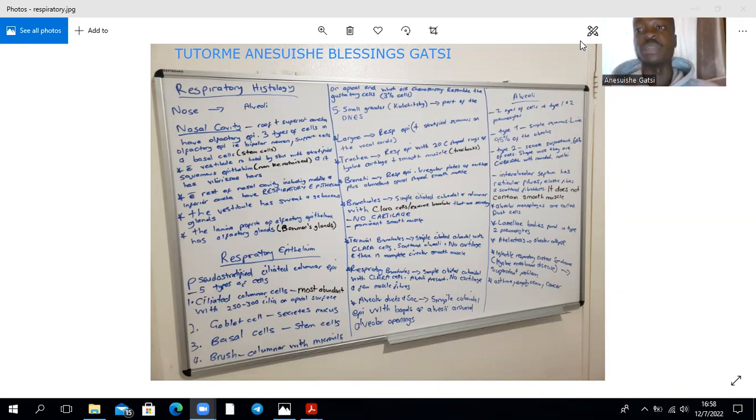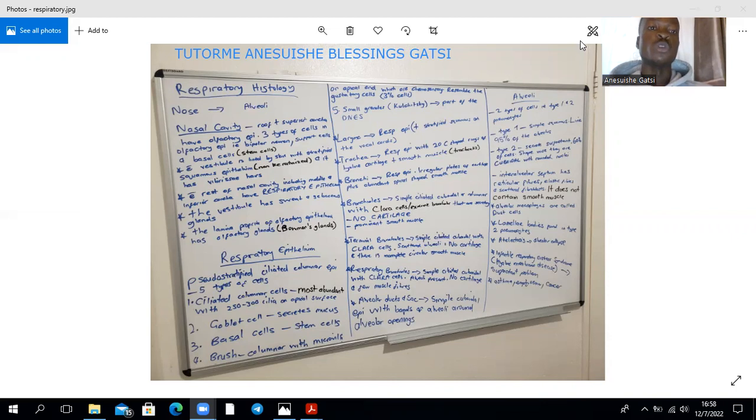The total surface area of this olfactory mucosa is about 10 square meters, as opposed to the 75 square meters that we find in totality for alveoli.